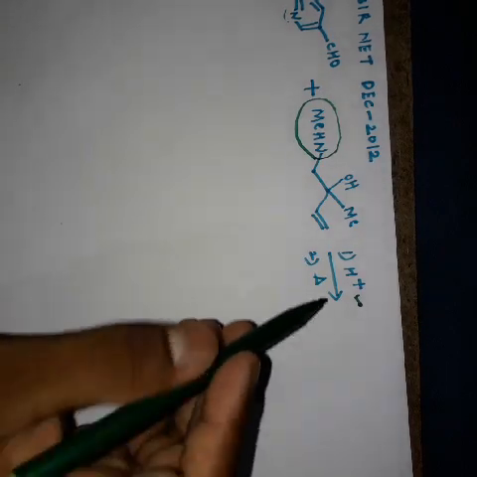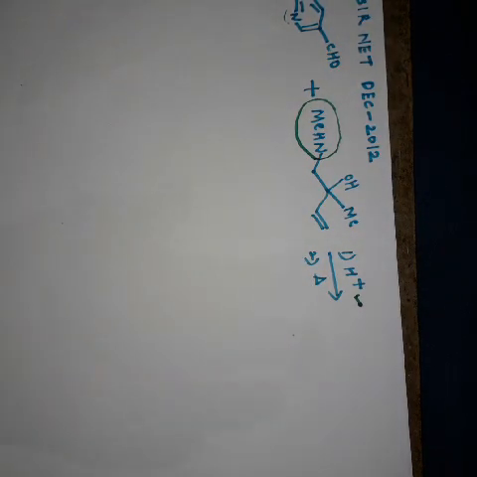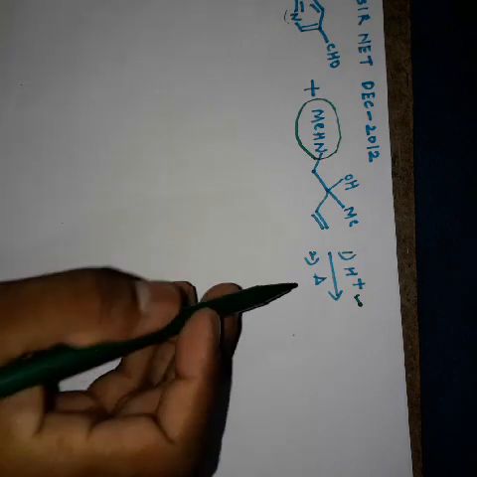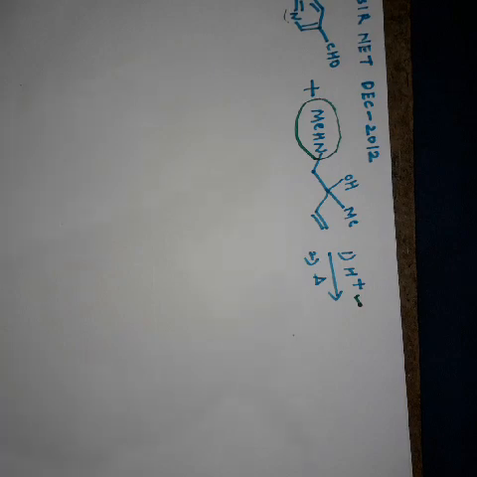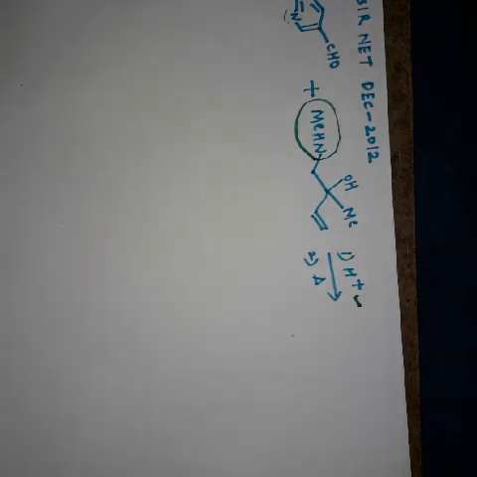Now second, they have given the condition heat. Always remember, whenever a condition like heat is given, you need to think about two things: one is a pericyclic reaction and second is an elimination reaction. It depends on the kind of setup or question. But more probably if heat is there, there has to be a pericyclic reaction.